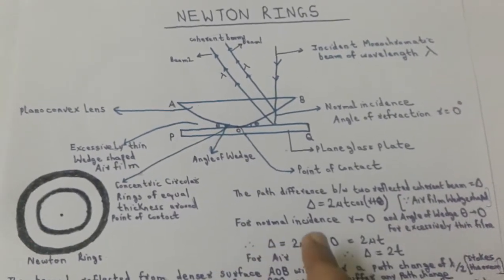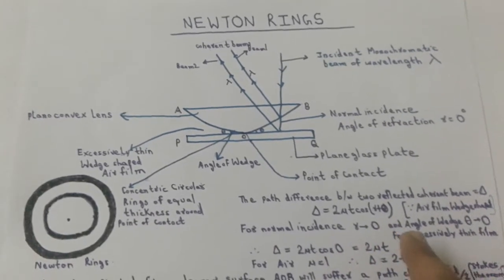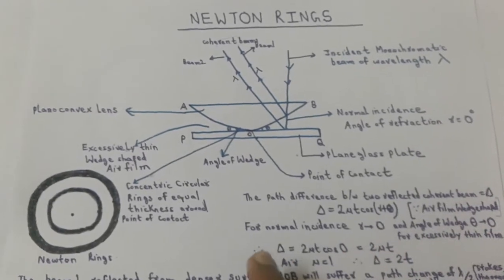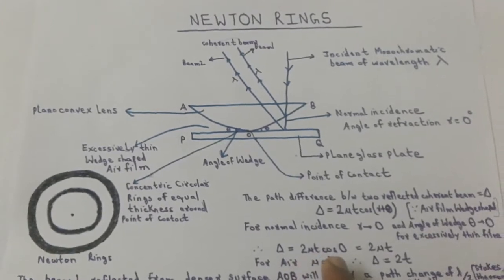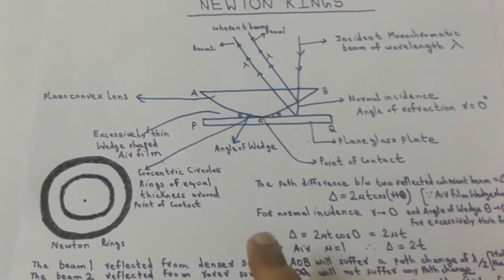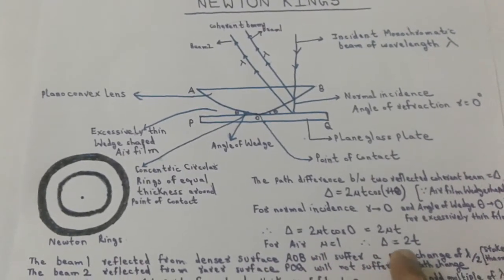For normal incidence, r equal to 0, and since the film is excessively thin, the angle of wedge theta equal to 0. So the path difference reduces to delta equal to 2 mu t cos 0, or 2 mu t. For air, the refractive index is 1, therefore the path difference becomes 2t.